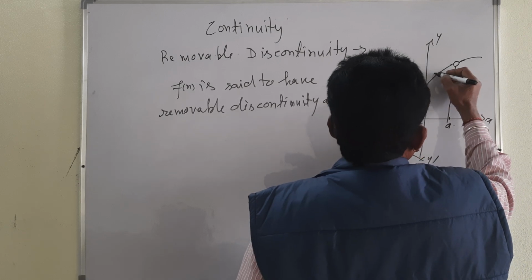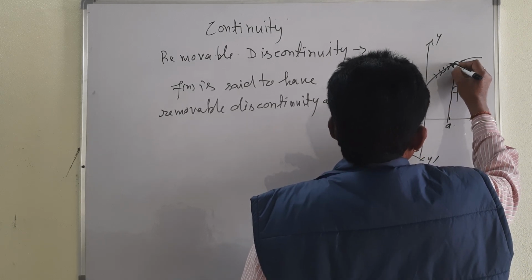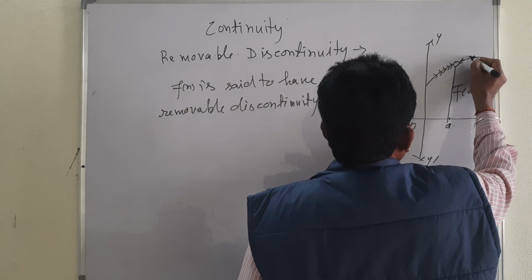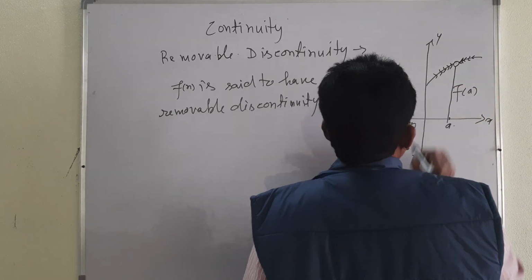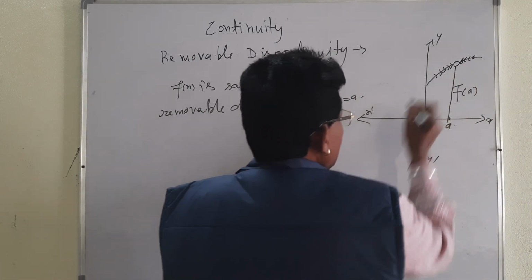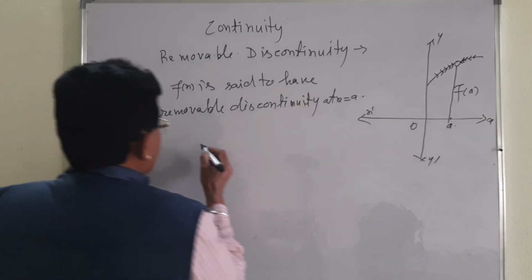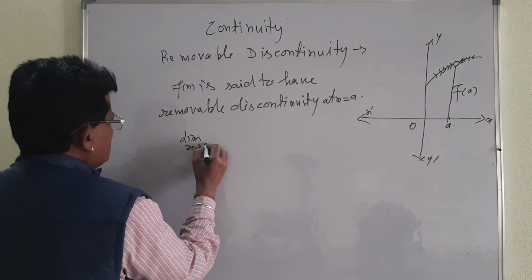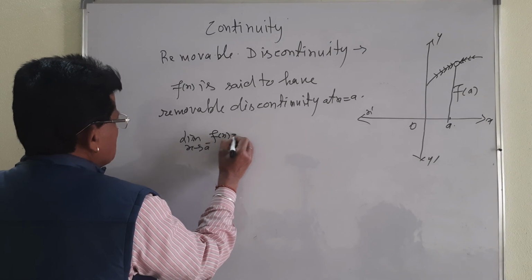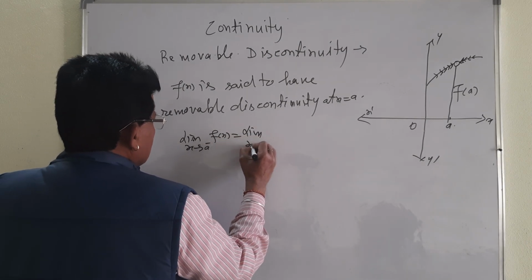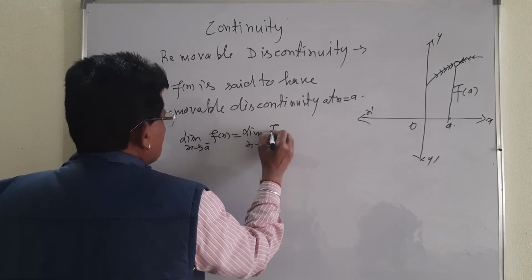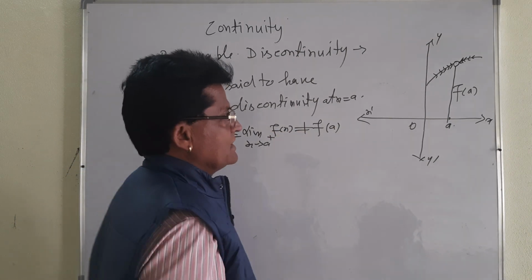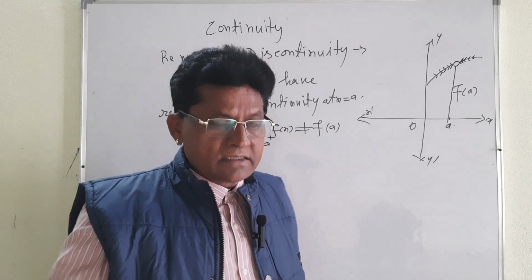For continuity, we approach this point from the left and from the right. What will happen? The left limit at this point equals the limit as x tends to a, the right limit of the function, but does not equal f(a).